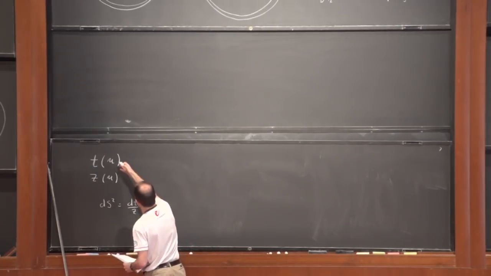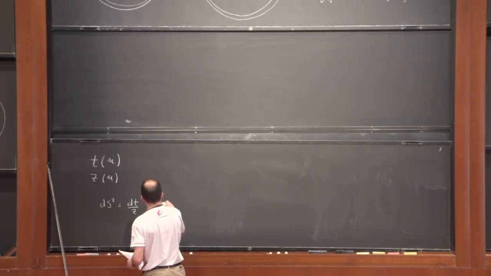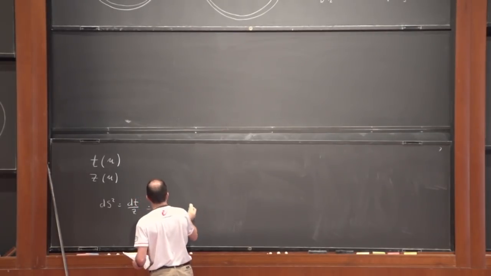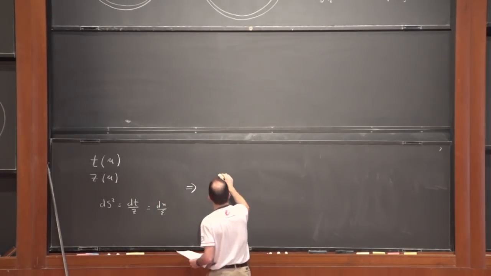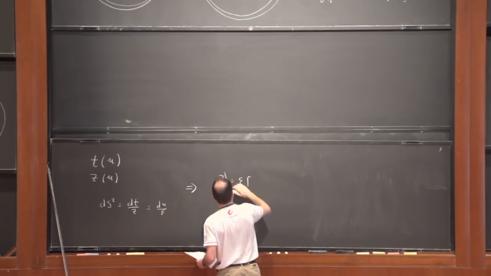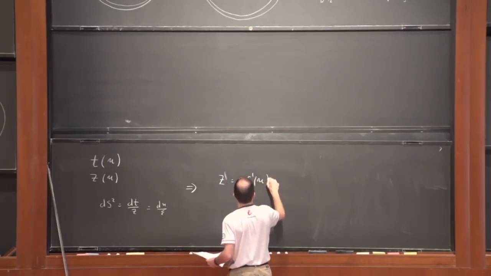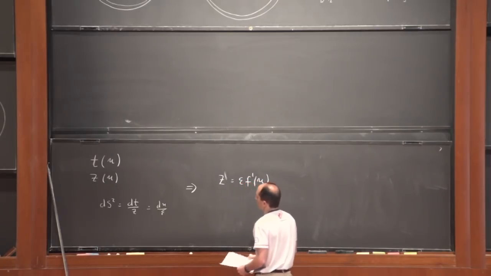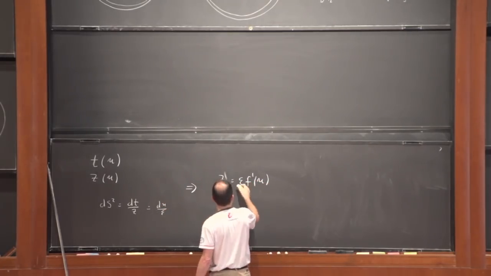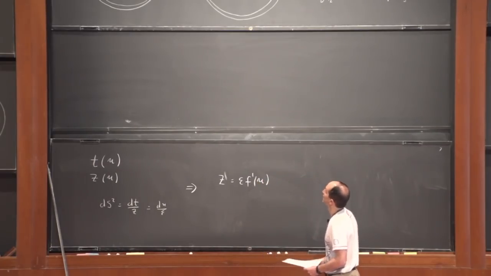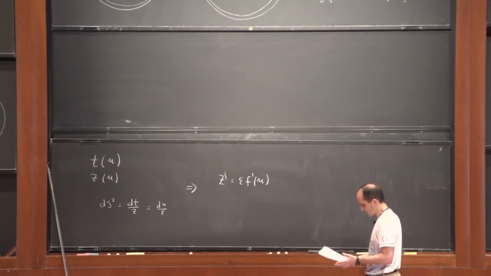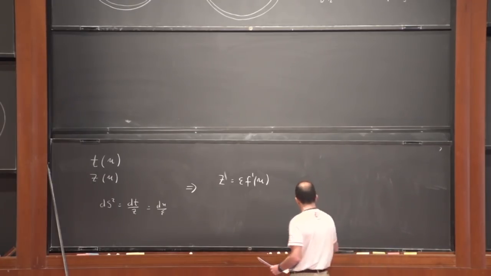And then putting this parameterization and demanding that this goes like du over epsilon implies that c prime is equal to epsilon, c is equal to epsilon f prime of u. So in the end of the day, we express the shape of the curve as some f of u, and that is a way simply to parameterize a curve. What's f? f is t of u.